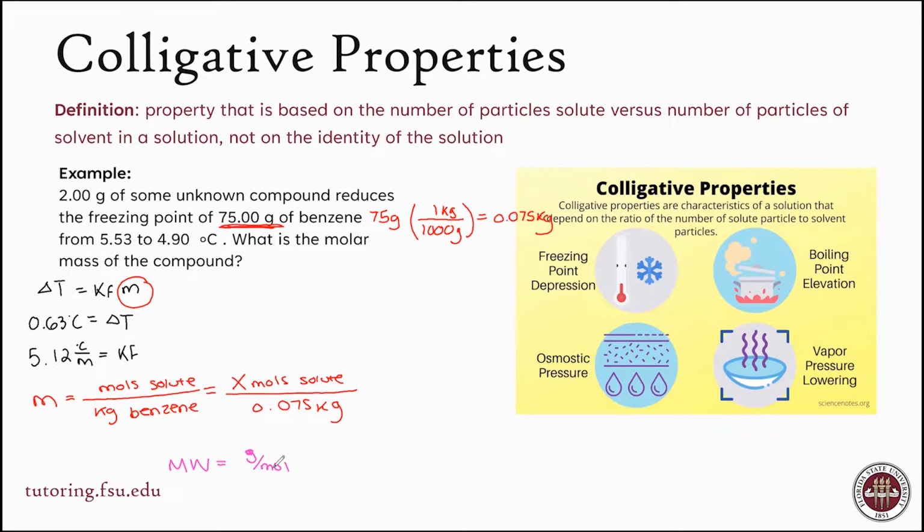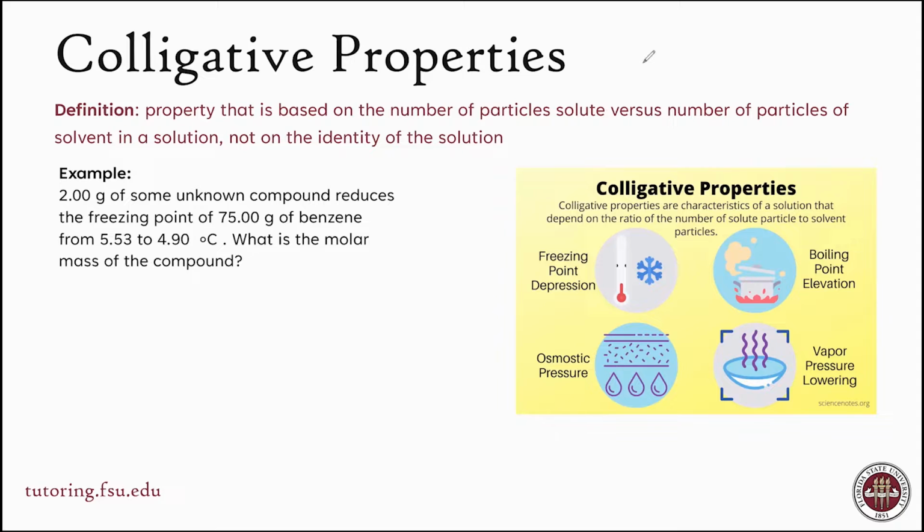Once we know the number of moles that make up these 2 grams, we can find the molecular weight. We're going to put 2 grams divided by X moles, and once we divide, we're going to end up with a fraction with a 1 on the bottom. This X number of moles is the same number as the X number of moles up here.